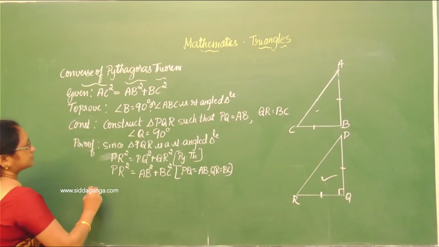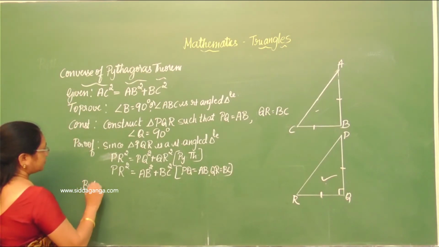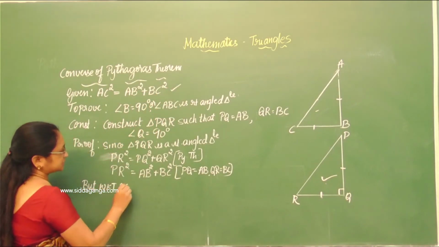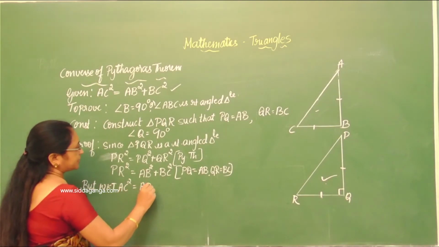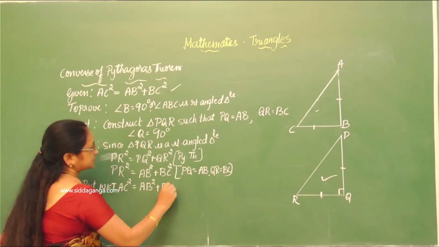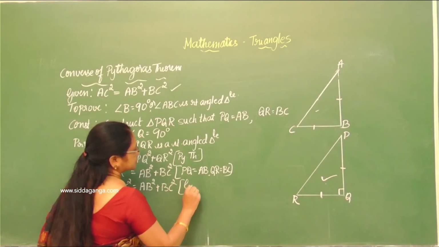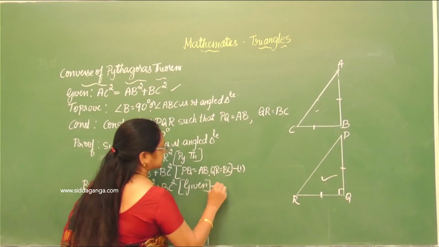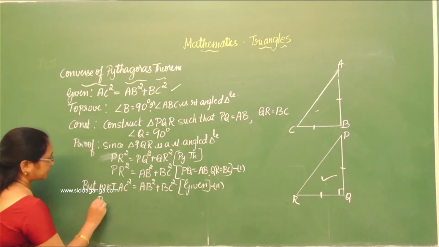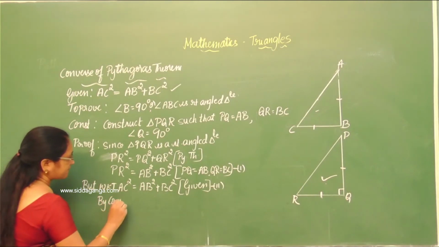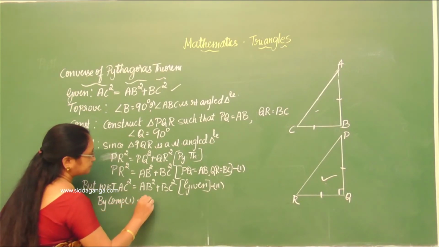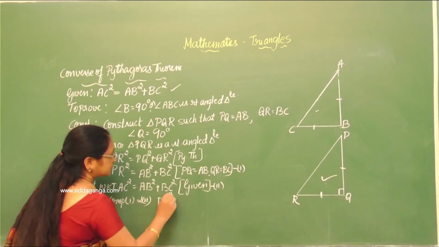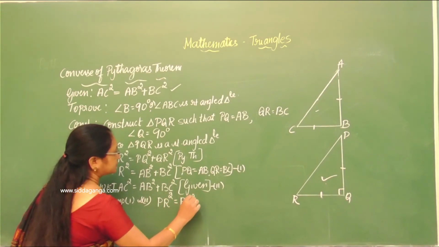Now, we know that, it is given, AC square is equal to AB square plus BC square. So if you write this as 1 and this as 2, by comparing 1 and 2, can I write PR square is equal to AC square?